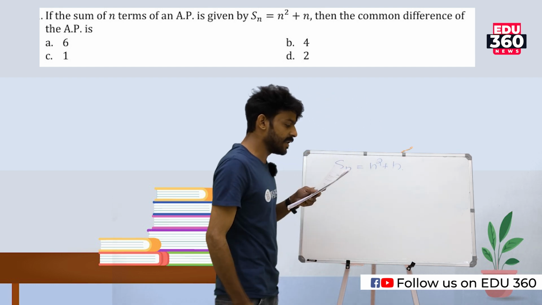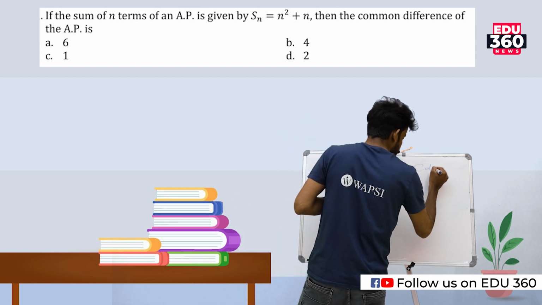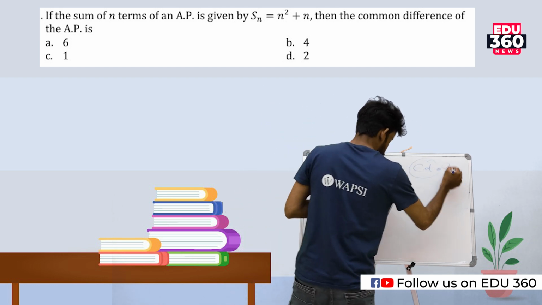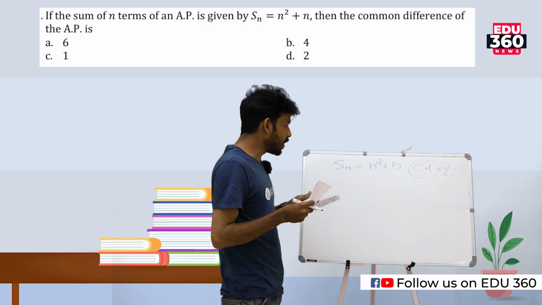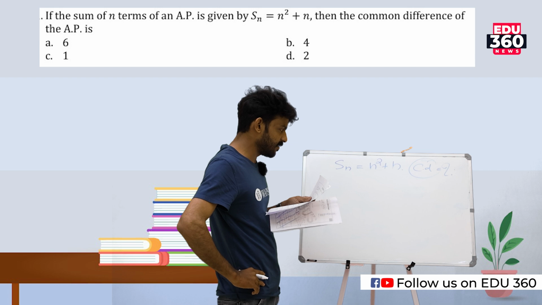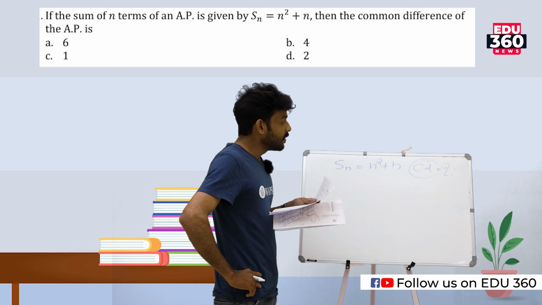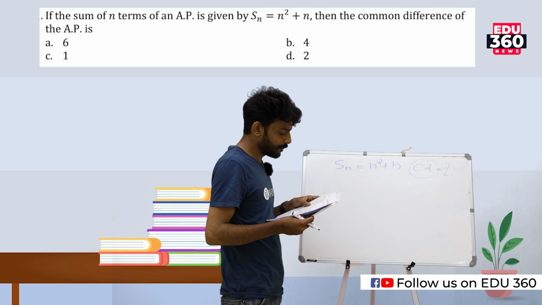So this is Sn. Then the common difference. So we need to find the common difference for this question. Yes, it's already mentioned this is an AP. So we need to find the common difference of this AP.